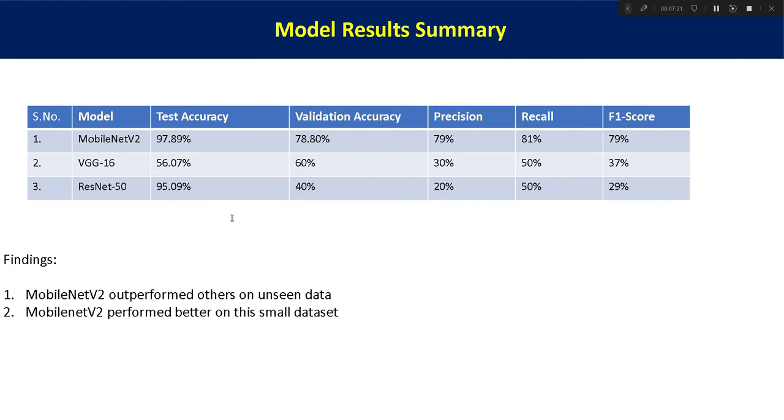Now, two things we found in this whole project. First is MobileNet V2 definitely outperformed others on unseen data, while MobileNet V2 also performed better on this small data set.